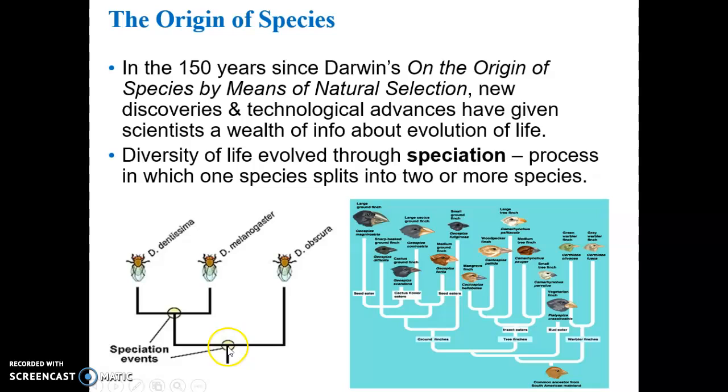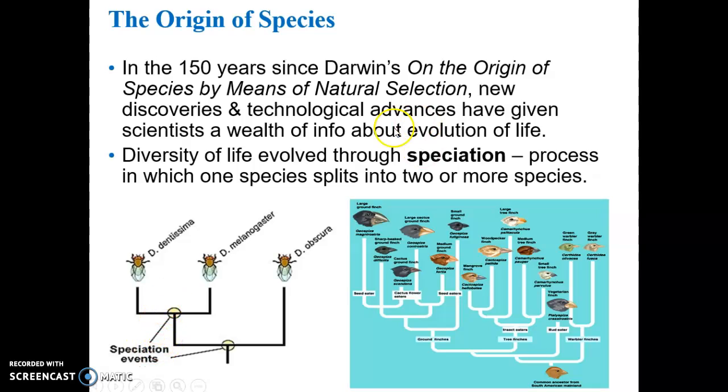Where you see this branching event on this tree of life, which is also called a phylogeny, we refer to that as a speciation event or macroevolutionary event. Remember, microevolutionary changes are changes at the genetic level, and those have to occur before speciation or macroevolution occurs.